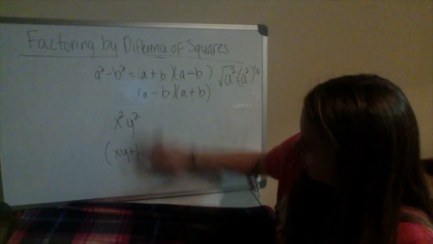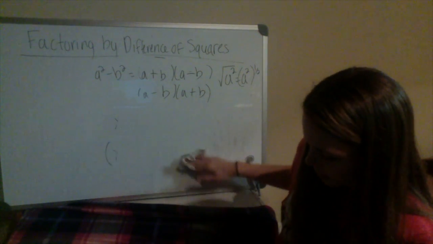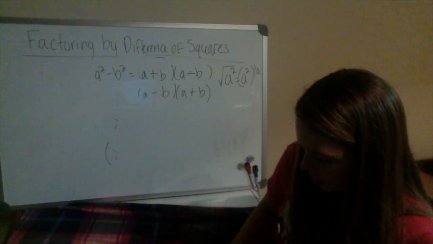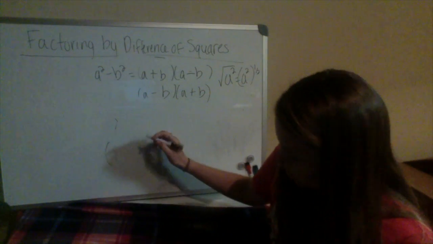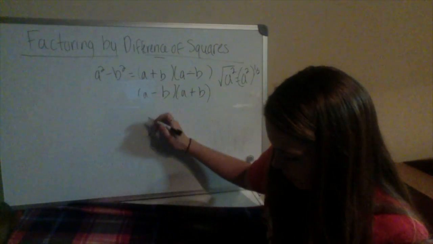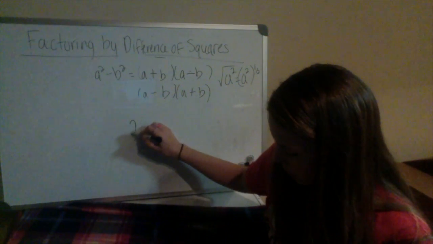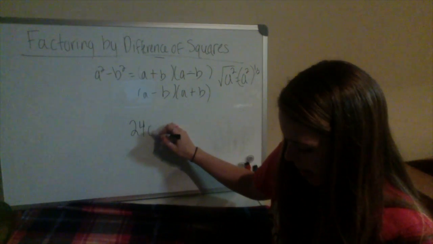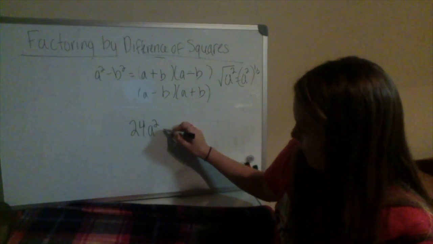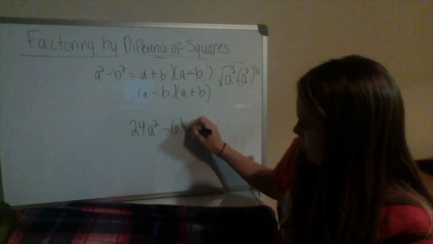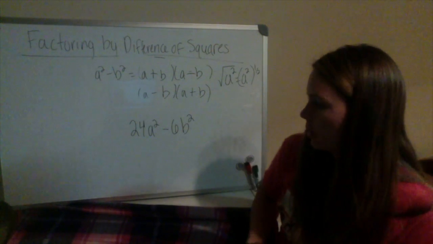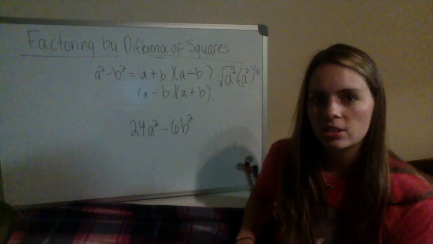Going on, I think I just have 2 more for you guys. I'm going to do 24a squared minus 6b squared. The first step of factoring is to check GCF.